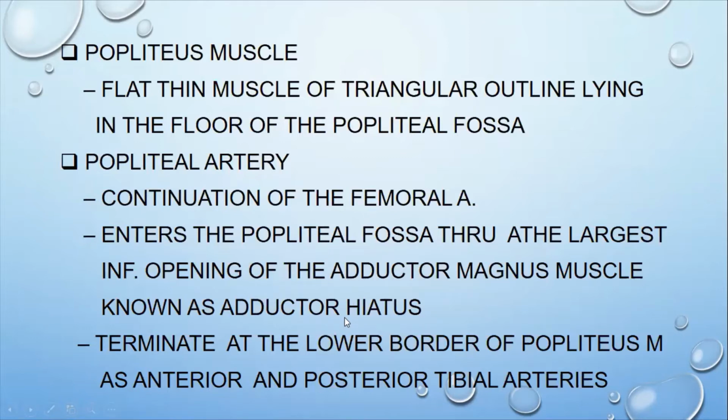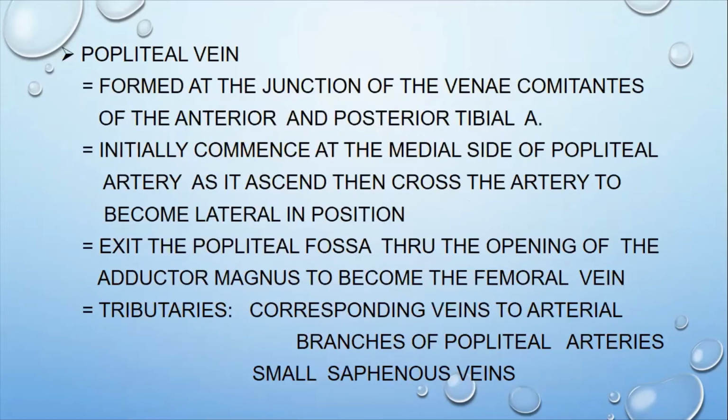Now, your popliteal artery will terminate at the lower border of the popliteus muscle as anterior and posterior tibial artery. Now, the popliteal vein, which will accompany the popliteal artery, is formed at the junction of the venae comitantes of the anterior and posterior tibial artery. So, meaning there will be a union of the venae comitantes of your anterior and posterior tibial artery.